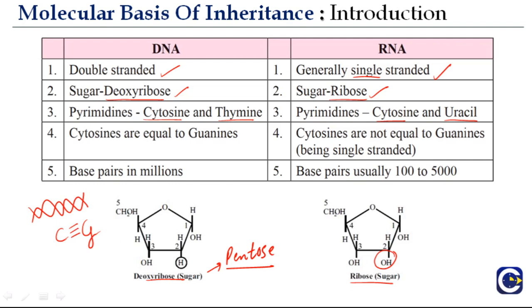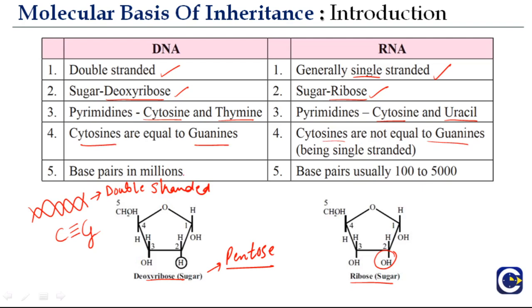So the number of cytosines is equal to the number of guanines because DNA is a double-stranded structure. In RNA, cytosines are not equal to guanines, because it is a single-stranded molecule.